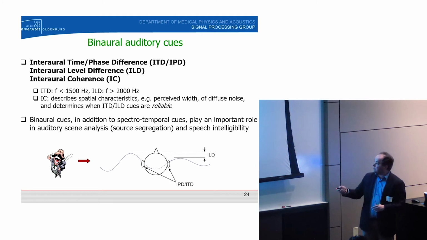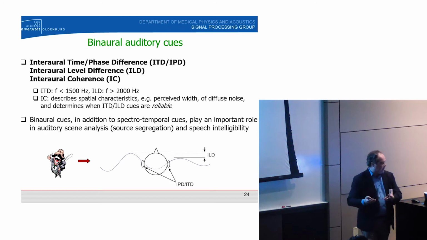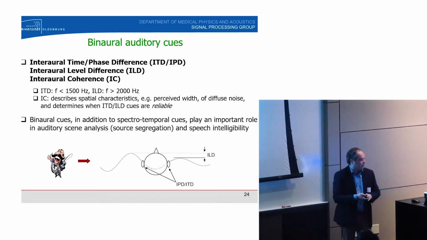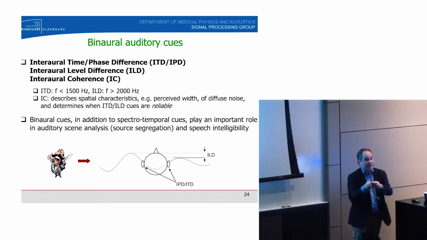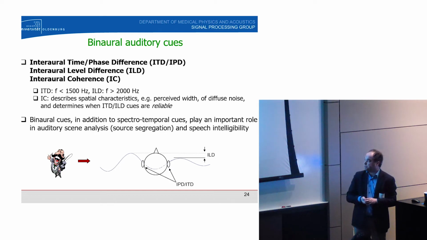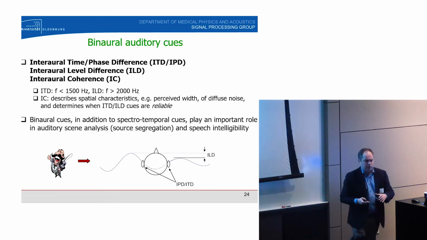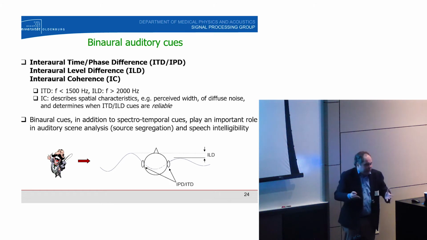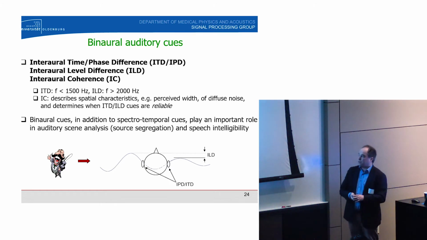And this interaural coherence, or IC, really describes the spatial characteristics, or the perceived width of a non-point source, so for example, of diffuse noise, or approximately diffuse noise. And it basically also determines when these ILD and ITD cues are so-called reliable for the auditory system. Especially in this part of the talk, I will focus on diffuse noise, and there this IC will become very relevant, because for diffuse noise, ILD and ITD cues actually don't play any role. They're not relevant for the auditory perception of such kind of noise fields.